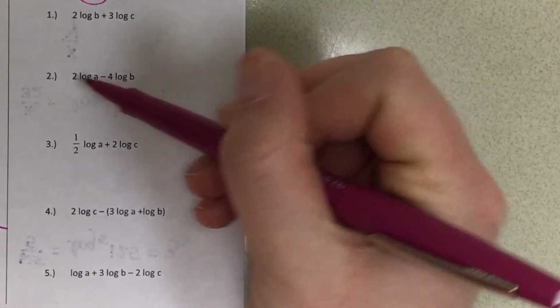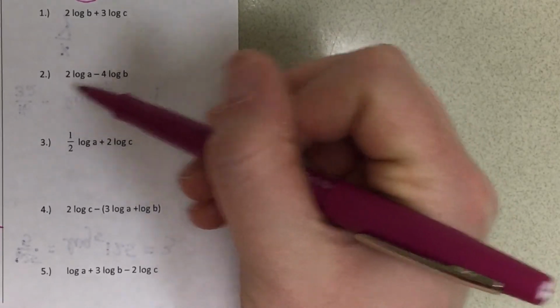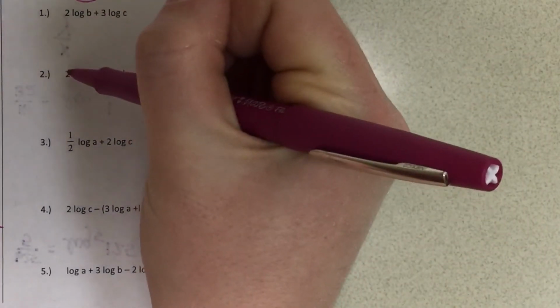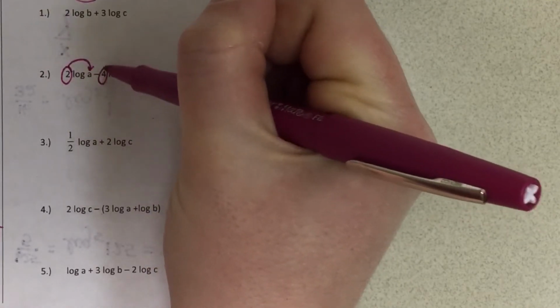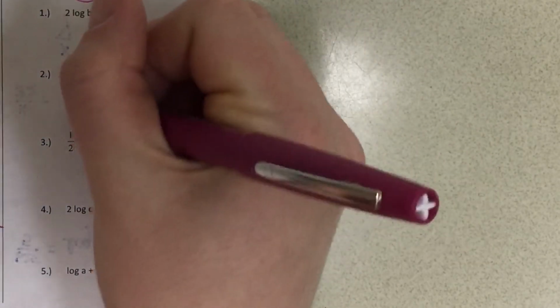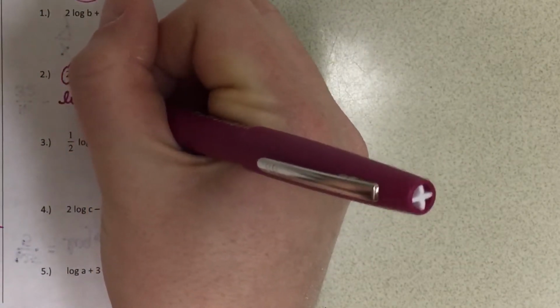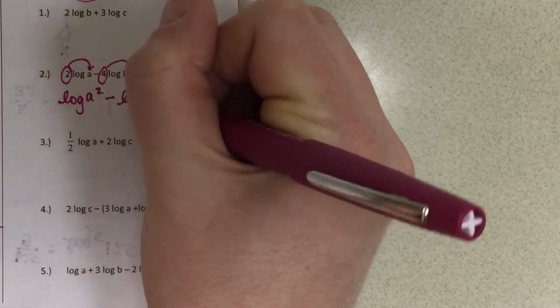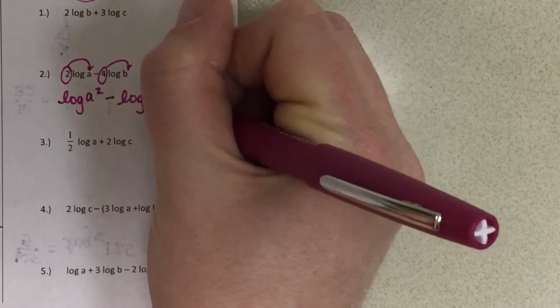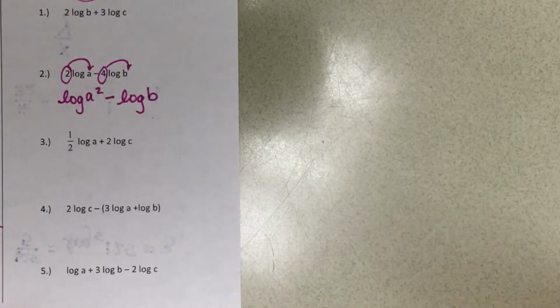Now, in number 2, I not only have subtraction, but I see I have coefficients here. So the first thing I'm going to do is move my coefficients back as exponents. So now I'm looking at log of a squared minus log of b to the fourth.